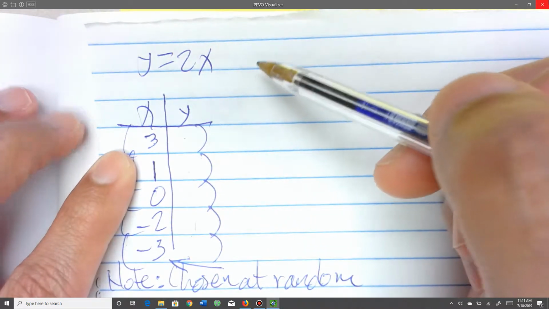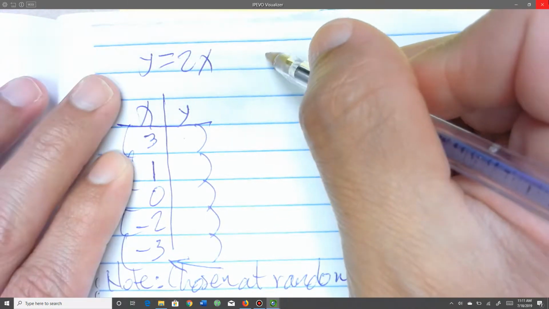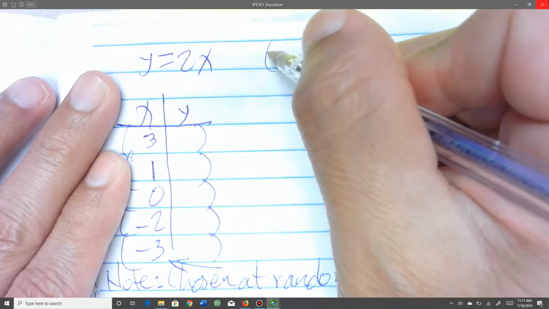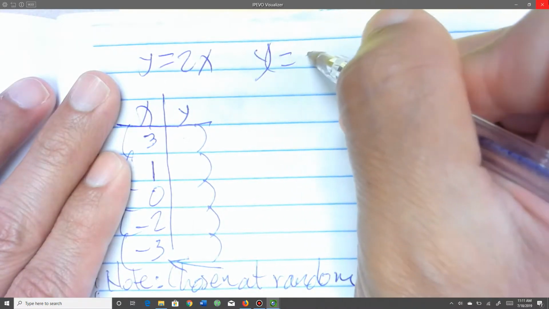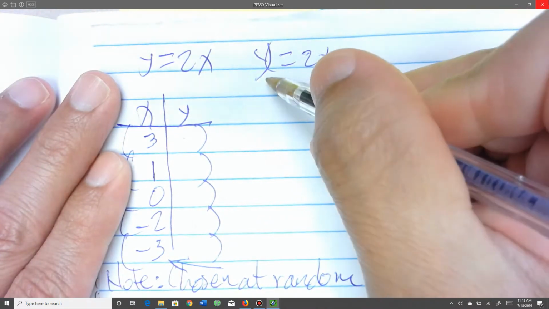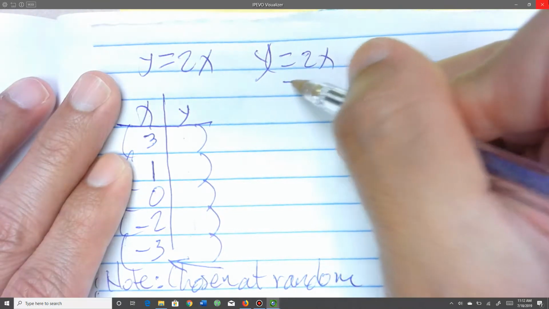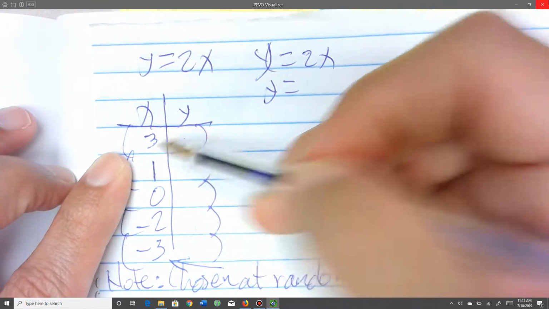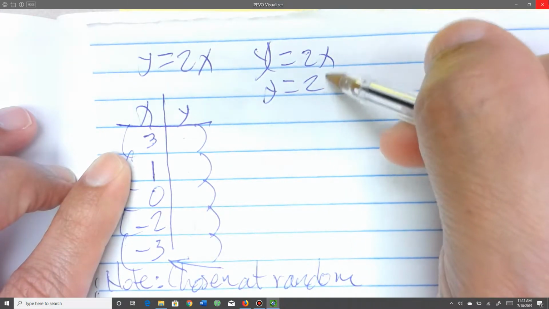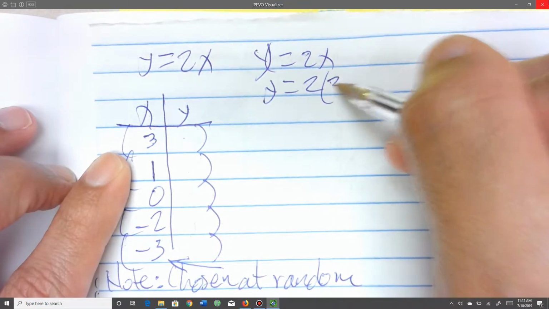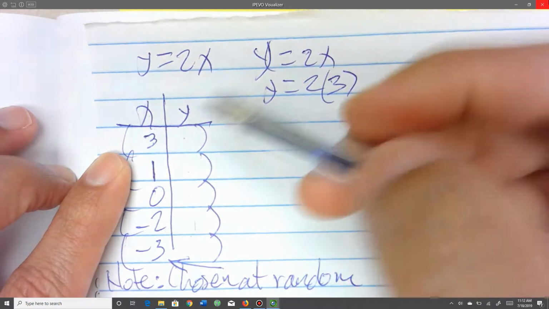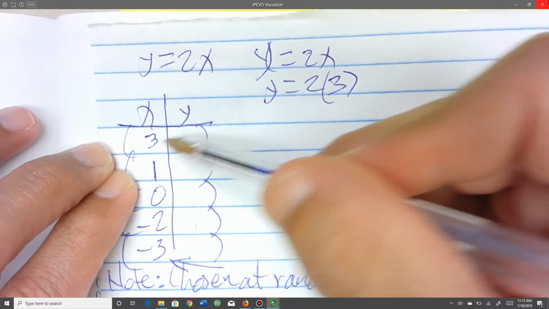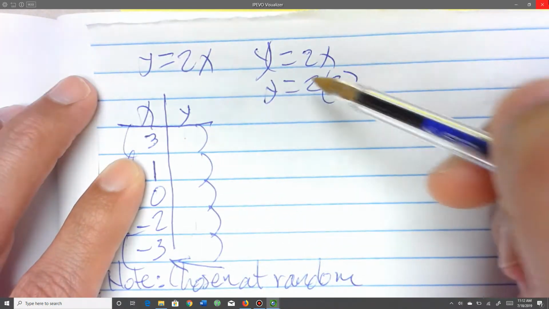So let me go ahead and write the equation over here, y equals 2x, and just substitute underneath for the x, for this x here, substitute it for 3. See, because I want to find the y value for this ordered pair.